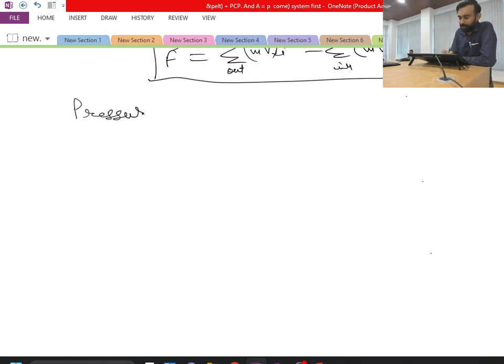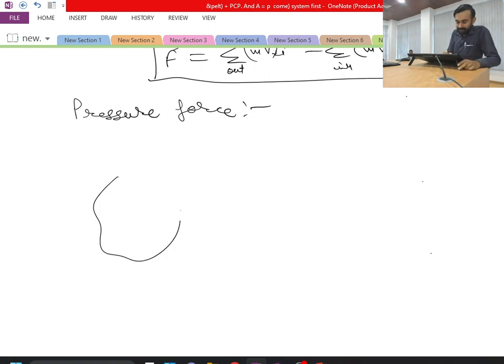I already gave you the idea for an infinitesimally small control volume while discussing fluid statics, and you know that the pressure force per unit volume is equal to minus the gradient of the pressure. But if we have a finite size control volume, then how can we determine this? Let's see.